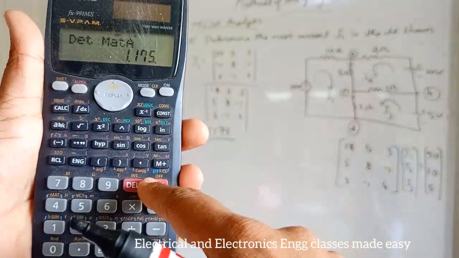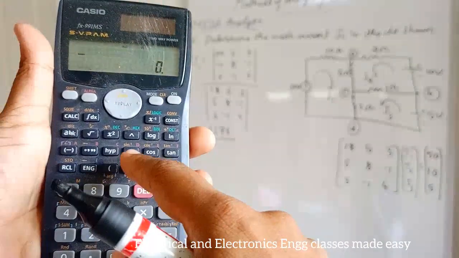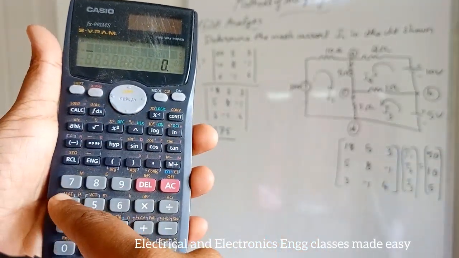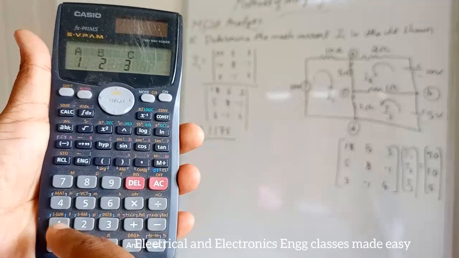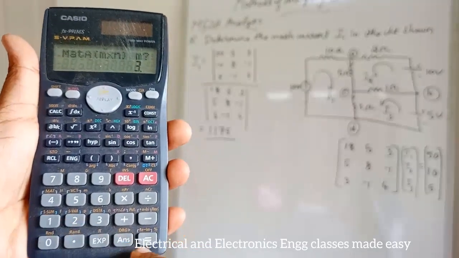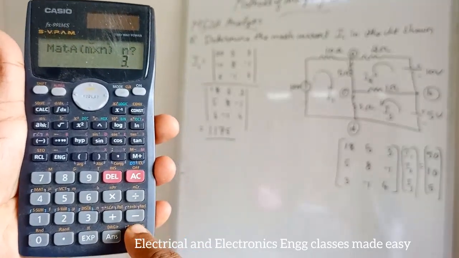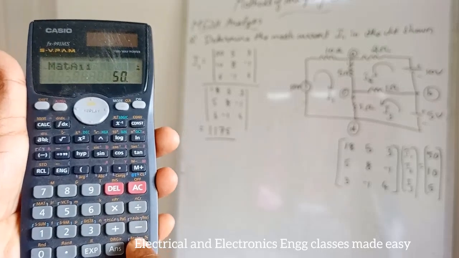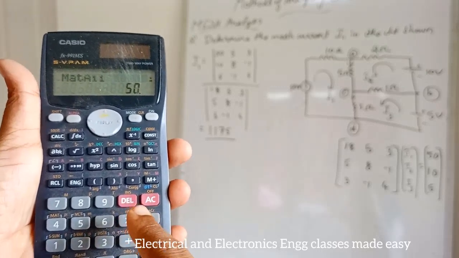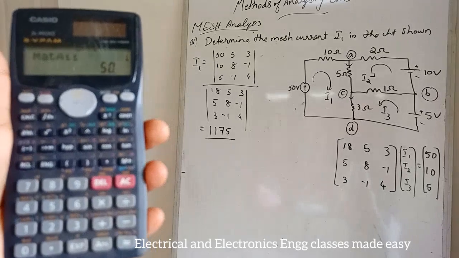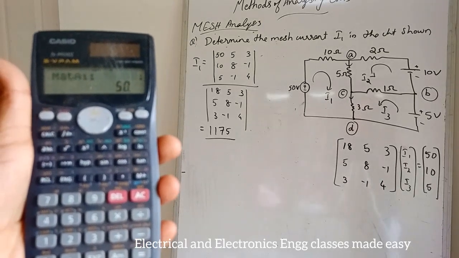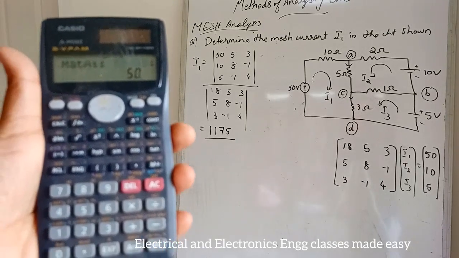Now to find the denominator value, again shift, matrix, dimension 1. It is already given as a 3 by 3 matrix. So here we have to change the first column matrix values. All other values are the same.